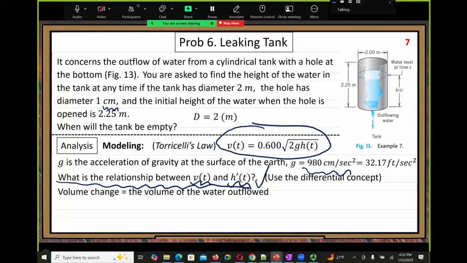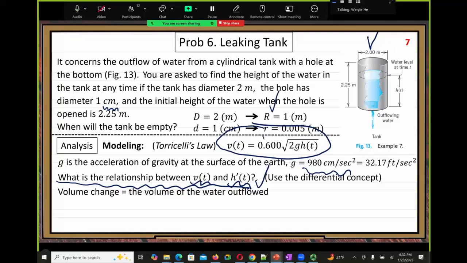All right, so here, the known value. When you talk about the volume, we need to calculate the volume of the cylinder, the water inside the cylinder. To calculate the volume of the cylinder, we use the radius.